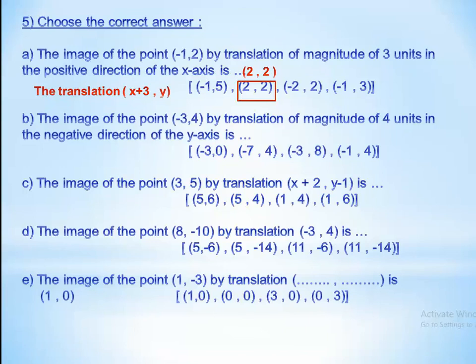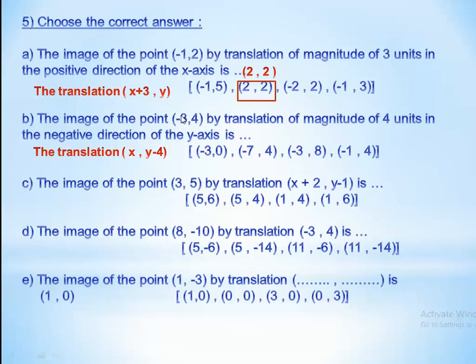The image of the point negative 3 and 4, by translation of magnitude 4 units in the negative direction of the y-axis. Here x is fixed.